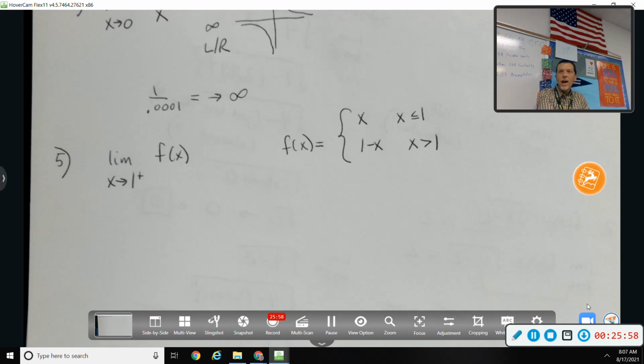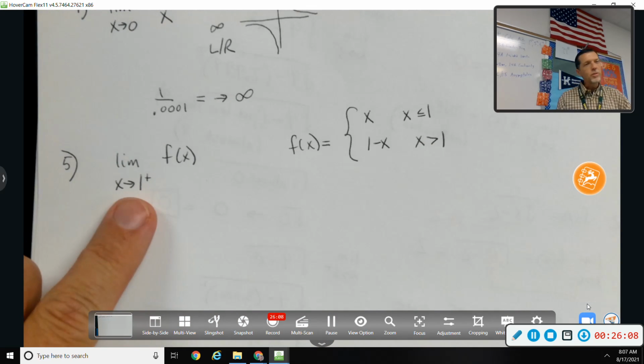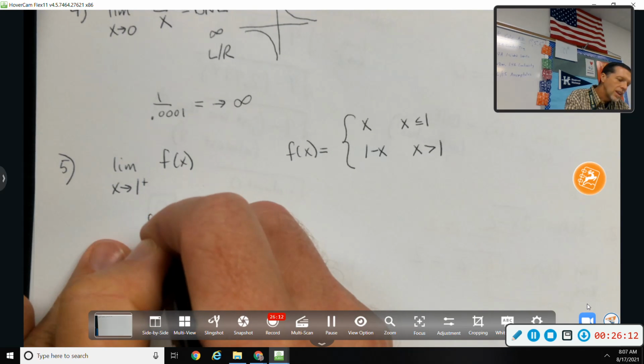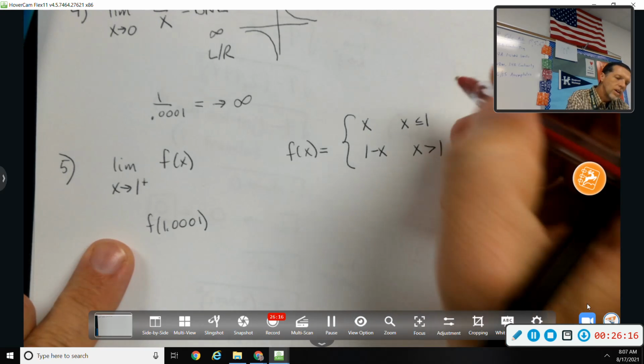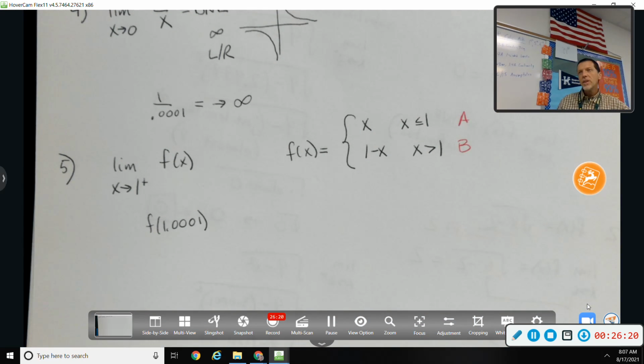I really don't want to do this one graphically because I don't want to have to graph that piecewise. So I think I just want to plug in things that are a little bit bigger than 1. I'm going to use the substitution method. So if I'm going to plug in 1.00001, which branch of the function is that going to go into?